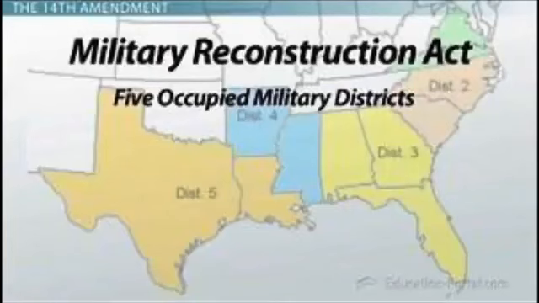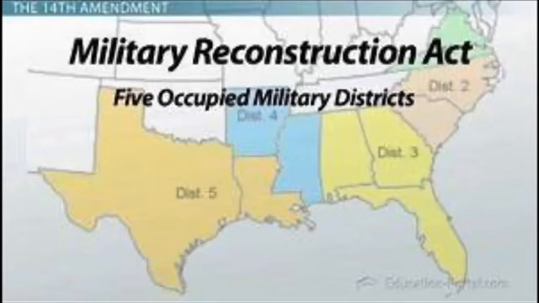Now I will talk about the Military Reconstruction Act of 1867. This is how the federal government brought the states back into the Union. They separated the southern states into 5 military districts, and they put former Union generals in charge of those districts.